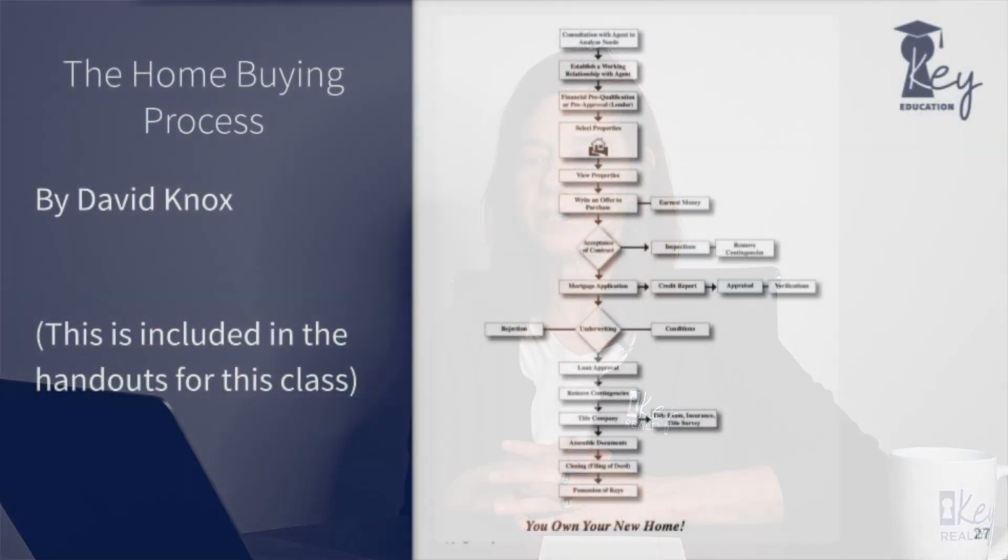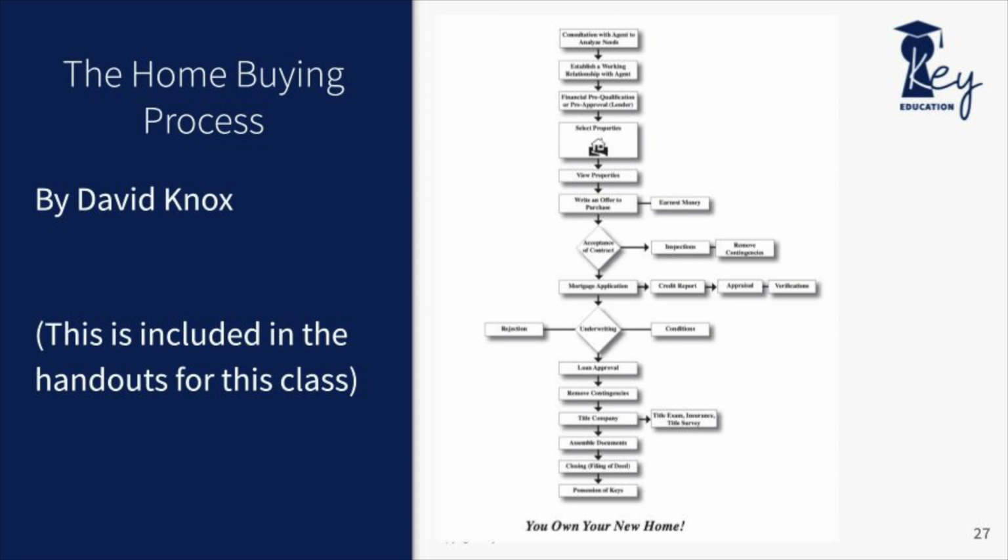This slide here has the home buying process. It's a diagram that is impossibly small for you to see on this slide, but we are including it in the resource material for you to have. One thing I like is it shows how complex a real estate transaction can be. So it's not like they see on TV.